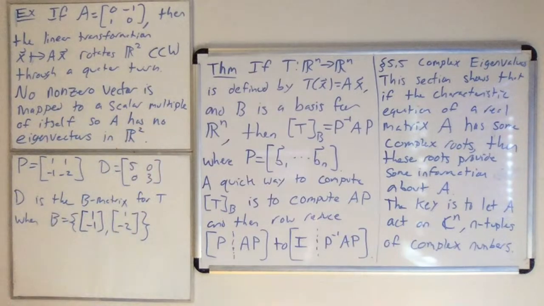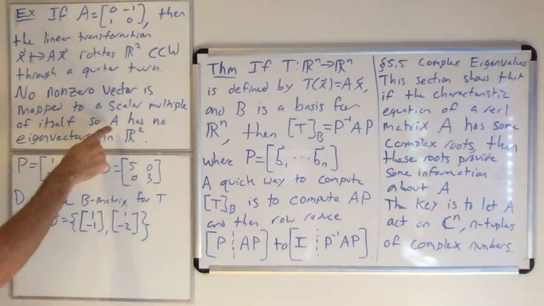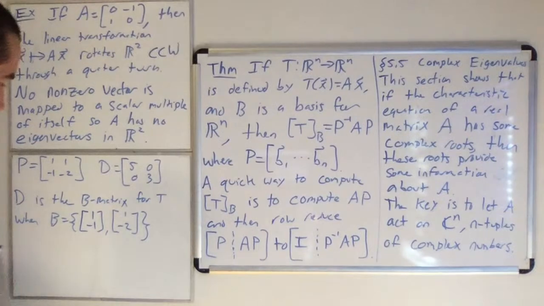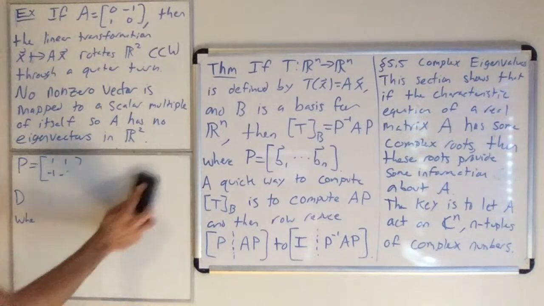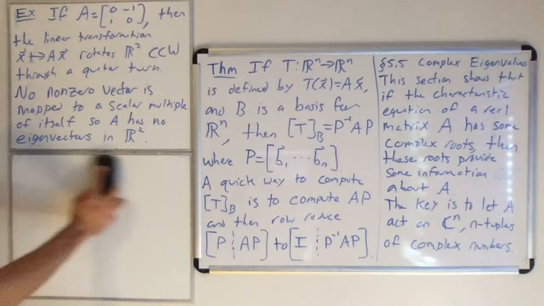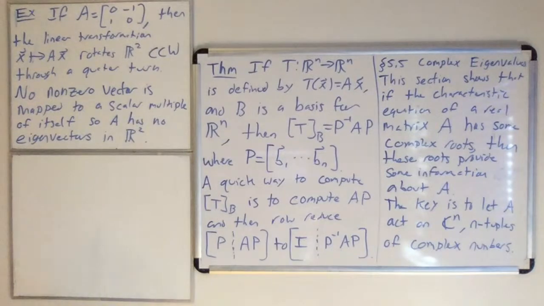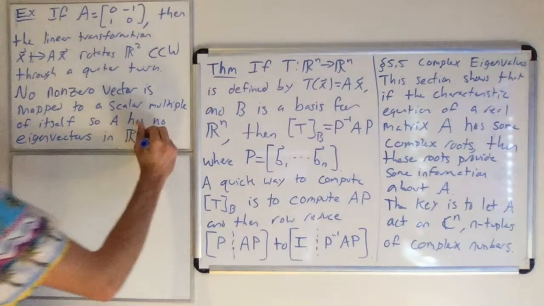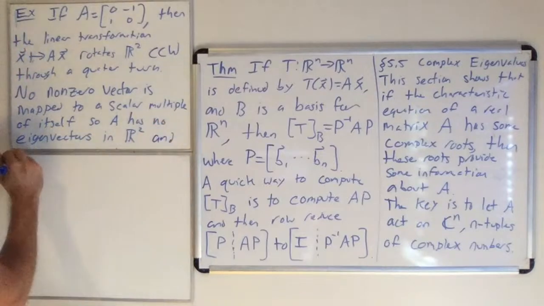Because just recall what it means to be an eigenvector. That means if you multiply that eigenvector by A, you're just stretching it by some factor, and that factor is the eigenvalue.